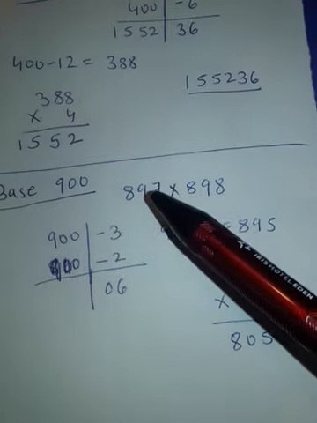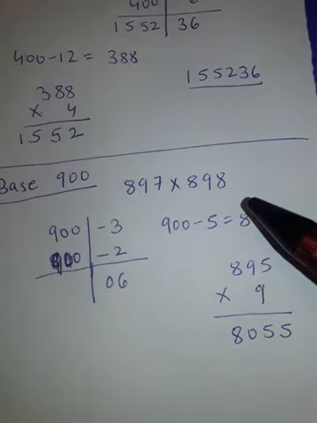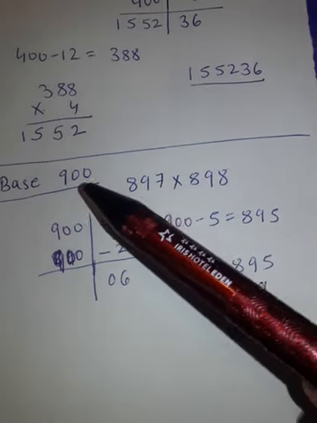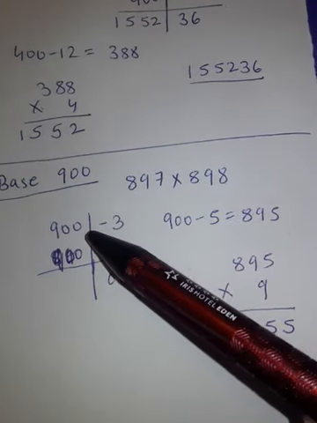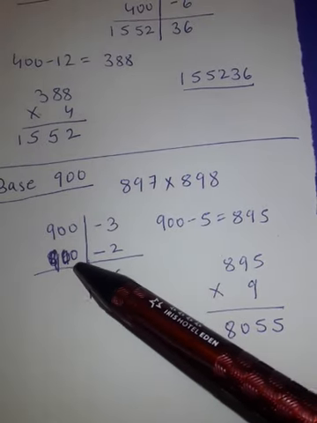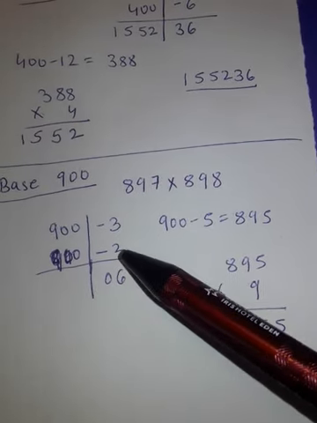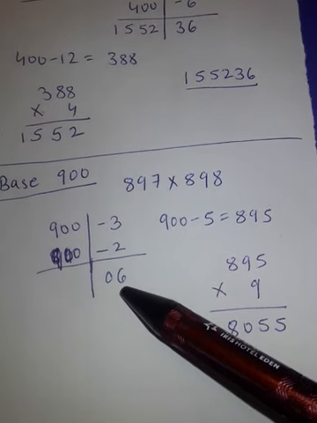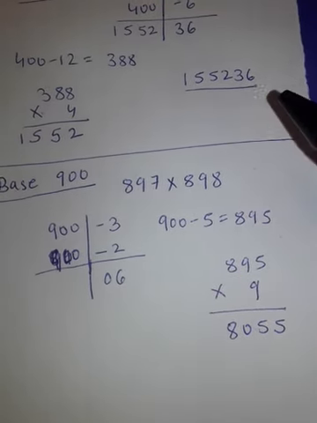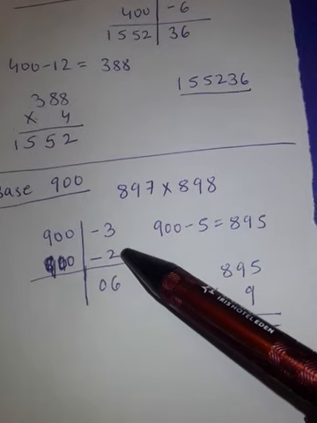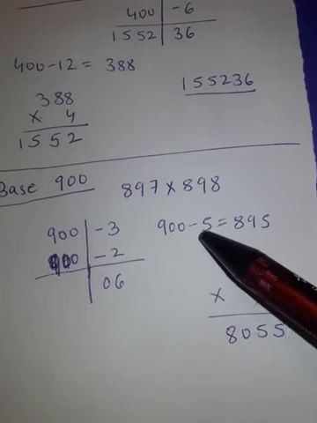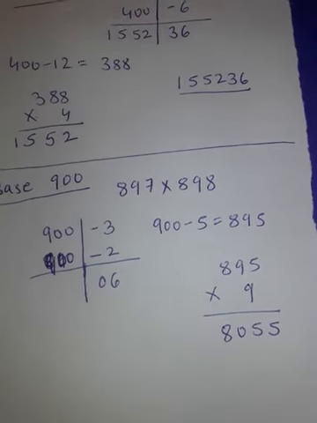Next example. 897 multiplied by 898. We can take common base as 900. This is 900 minus 3, 900 minus 2. 3 2s are 6, a single digit, hence we are going to write it in double digit form, that is 06. Minus 3 minus 2 is minus 5. 900 minus 5 is 895.